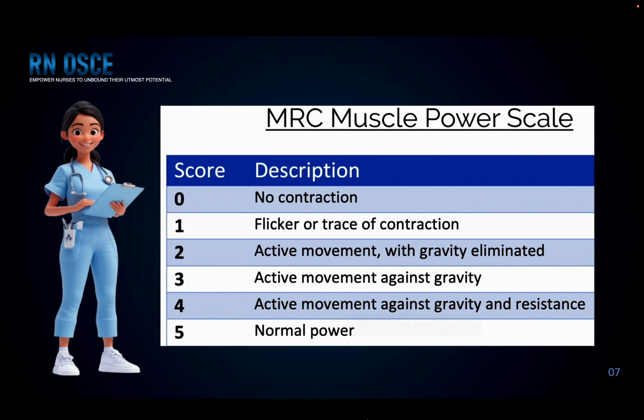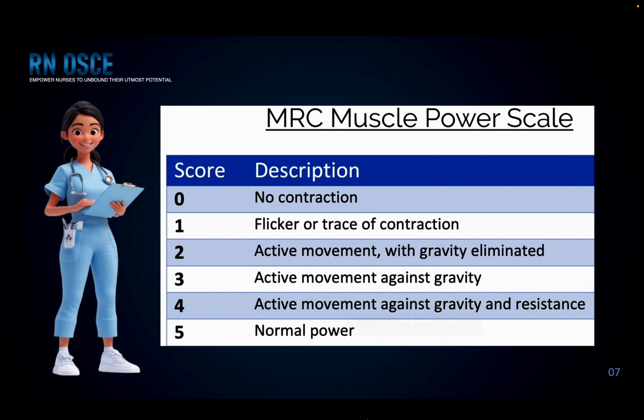If you notice no movement at all, or no visible or only felt muscle activity, you can give 0 score. If the muscle tries to contract but there is no real movement, that we call a flicker or trace of contraction, for that case we can give 1 score.